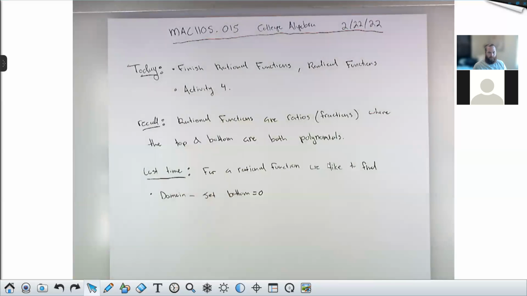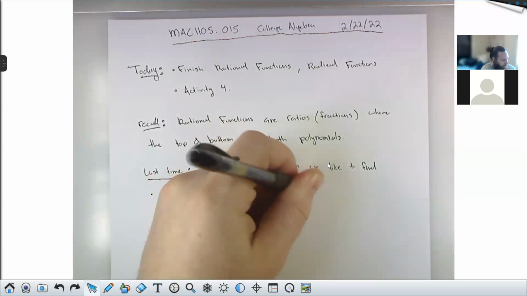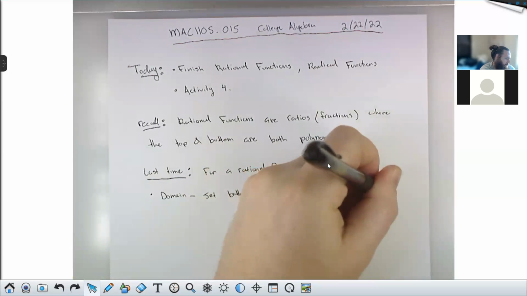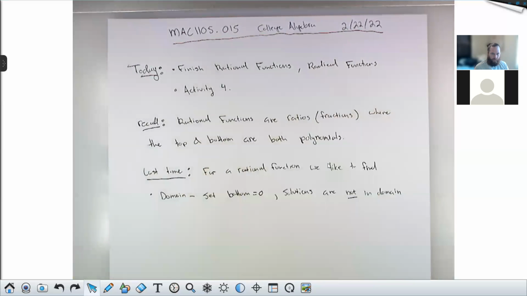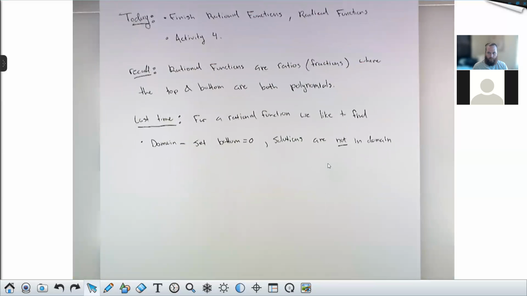Those numbers which make the bottom equal 0 are the numbers which are not in the domain. And this isn't actually anything fresh. This is something we talked about way back at the beginning of the class when we introduced the concept of domain red flags. Variables downstairs are a domain red flag. Since the bottom is a polynomial, you expect to encounter some variables downstairs. And so the way you find your domain is just by making sure that you stay away from any places that make the bottom 0.